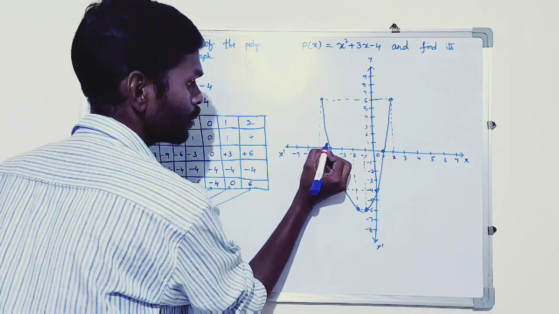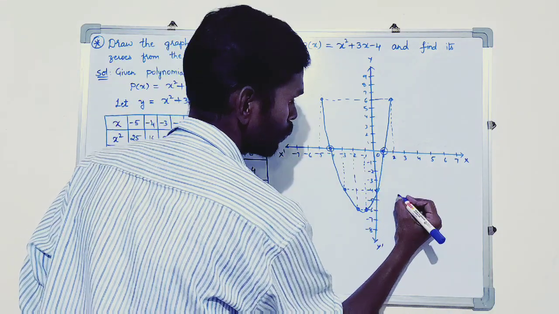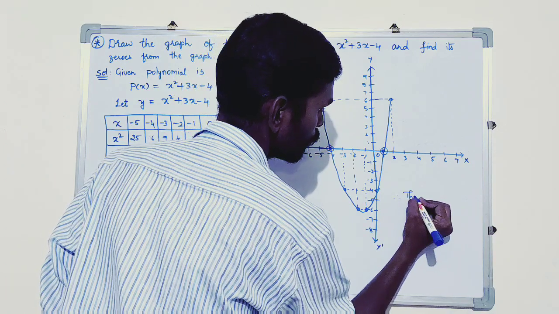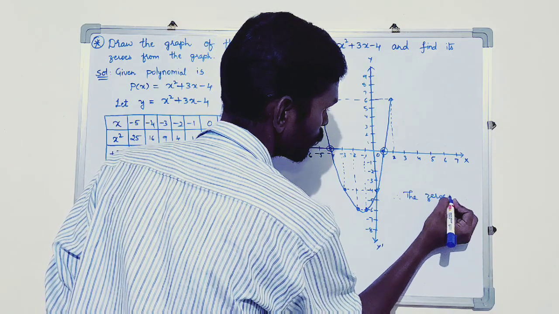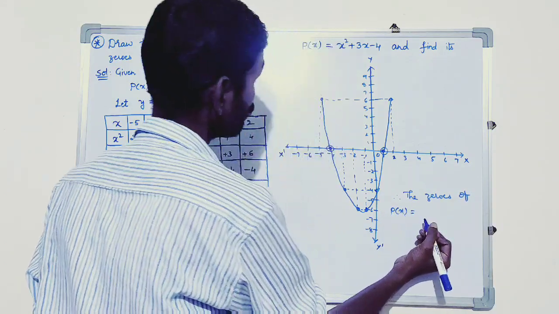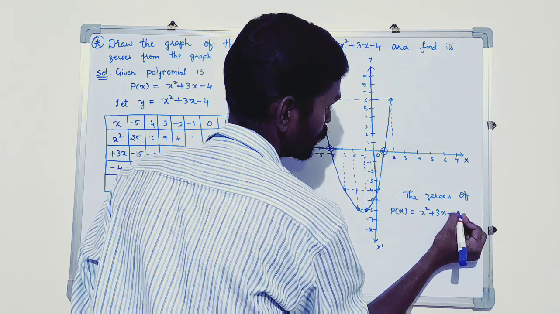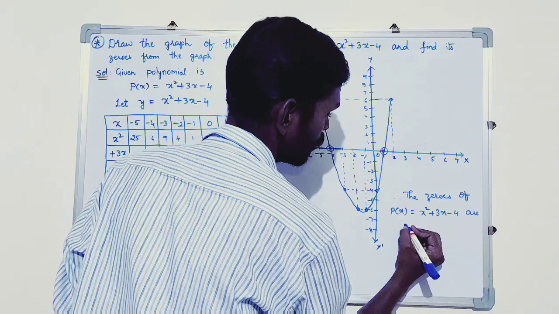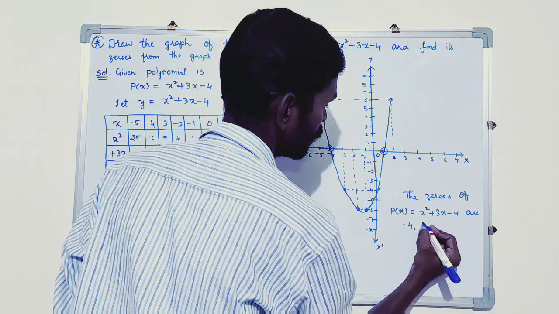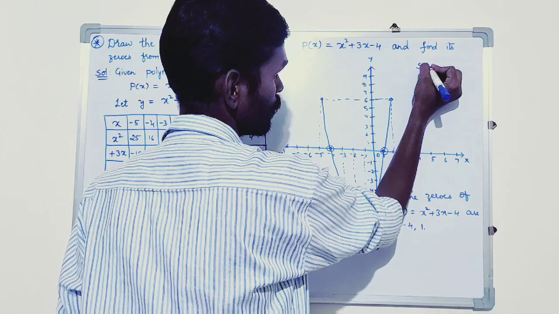The two points where the graph is touching the x-axis are called its zeros. Therefore, the zeros of p of x equal to x square plus 3x minus 4 are minus 4 comma 1.